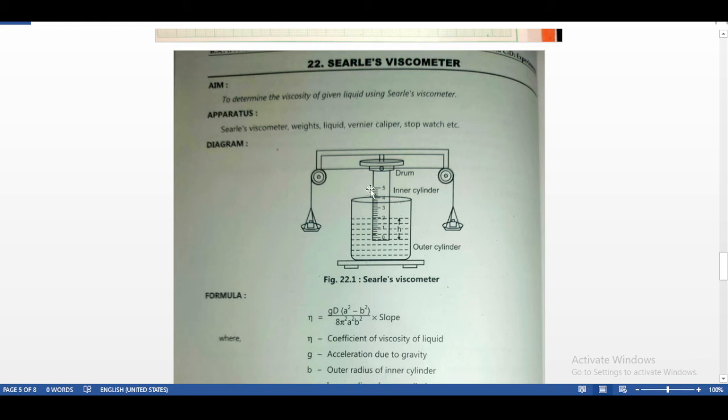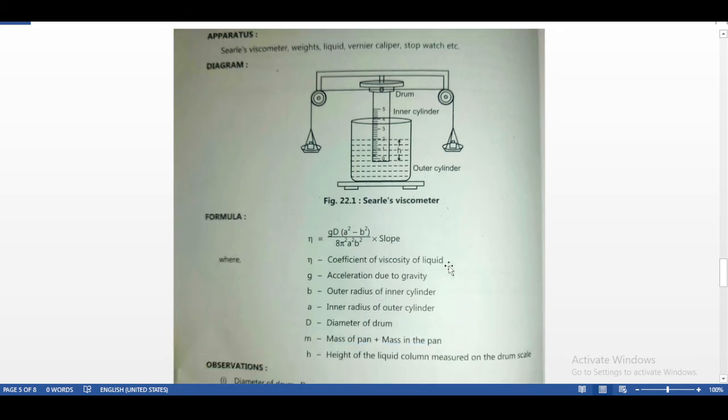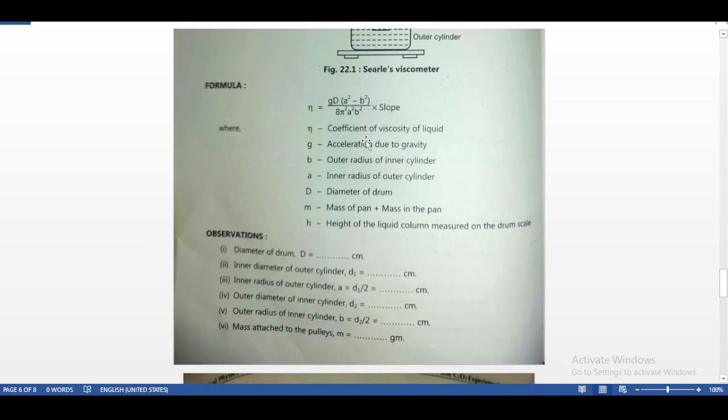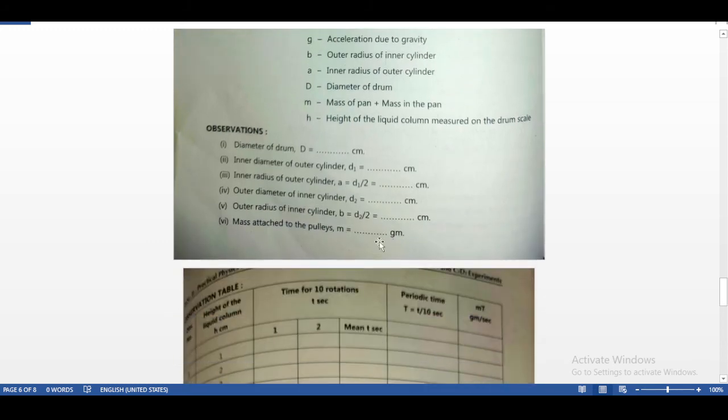That is the inner cylinder, the drum, these are the two pulleys, thread, and two pans with masses. It is the outer cylinder filled with glycerin as the viscous liquid, and the drum with a proper scale. With this we can measure the height, from 0 to 2, 0 to 4, 0 to 6, and so on. It is the formula with proper interpretations. These are the required observations.